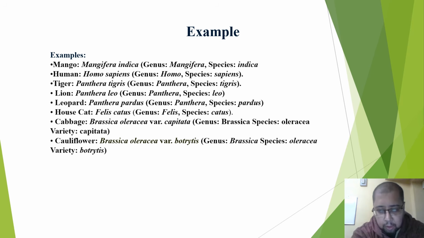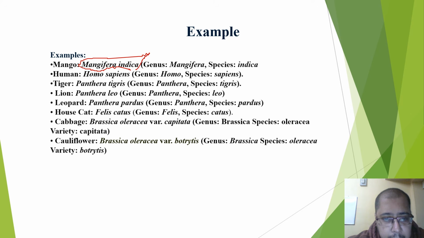So if we take a look at the examples, for example, the scientific name of mango is Mangifera indica. Note that I have written both Mangifera and indica in italics with the genus name being Mangifera and the specific name being indica.